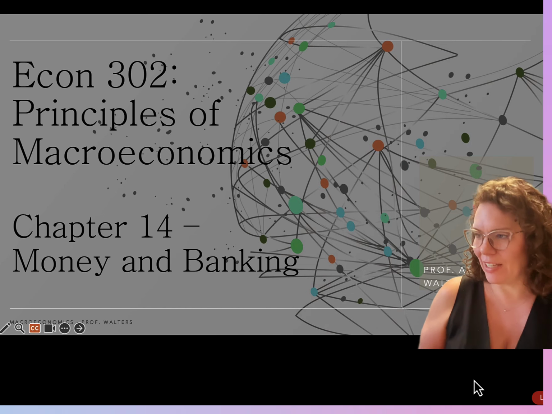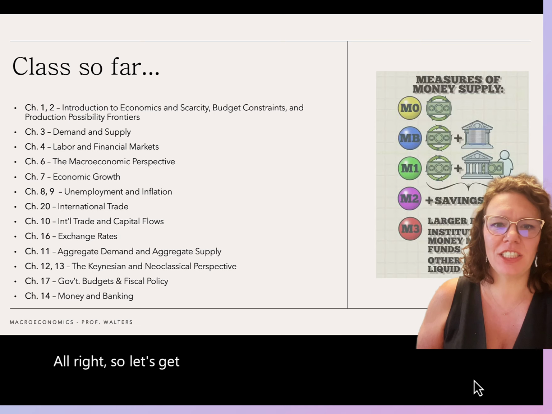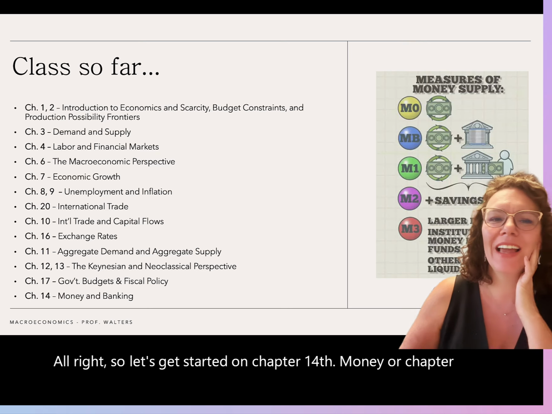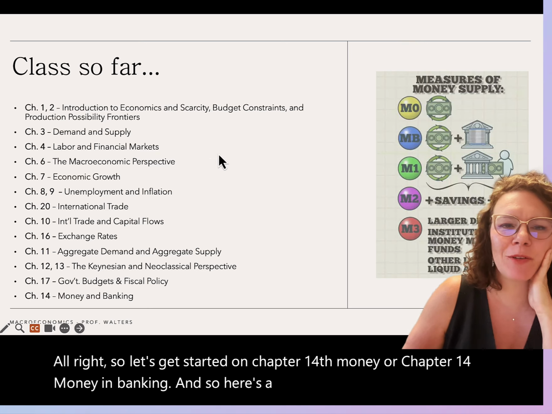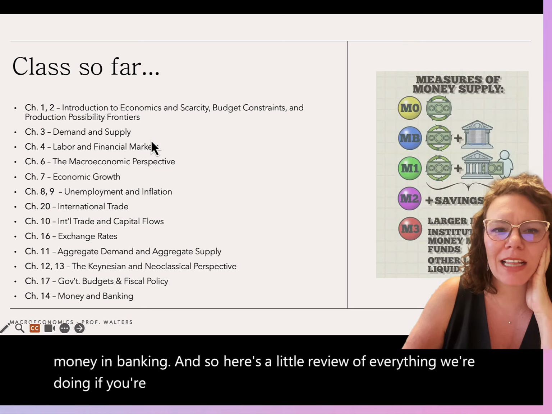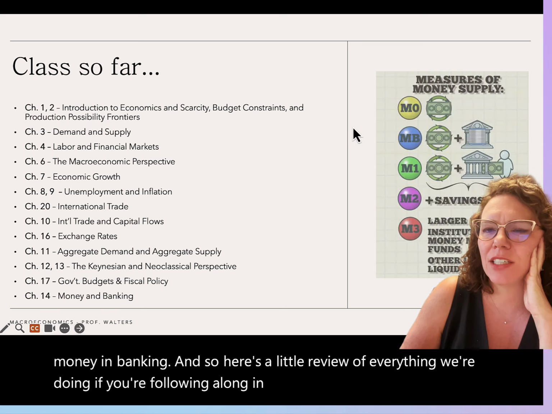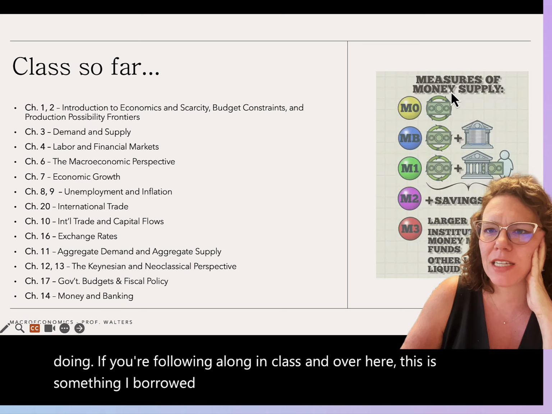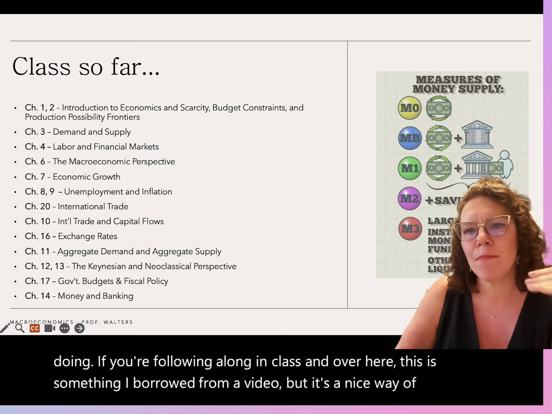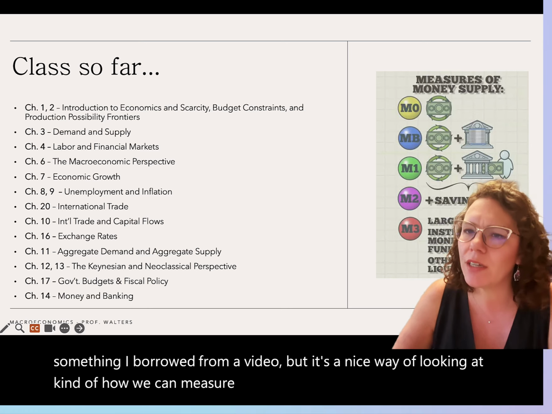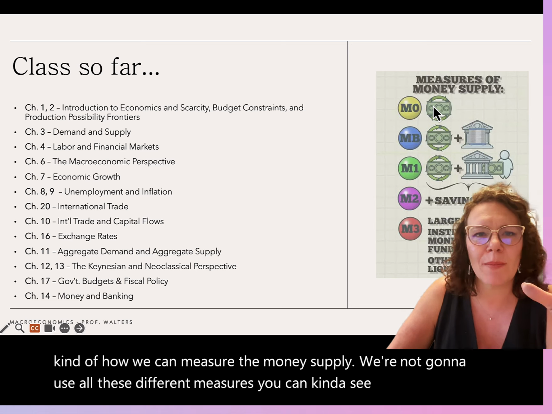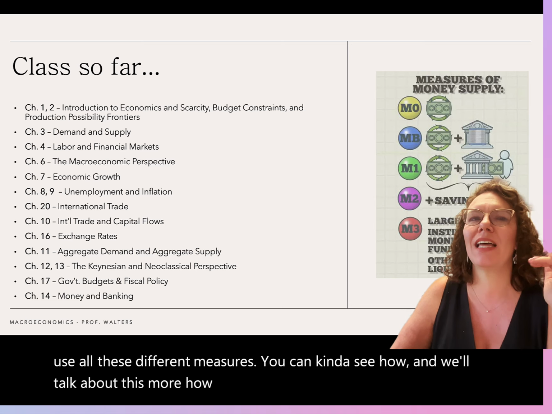All right, so let's get started on chapter 14, money and banking. And so here's a little review of everything we're doing if you're following along in class. And over here, this is something I borrowed from a video, but it's a nice way of looking at how we can measure the money supply. We are not going to use all these different measures, but you can see how money becomes less and less liquid.